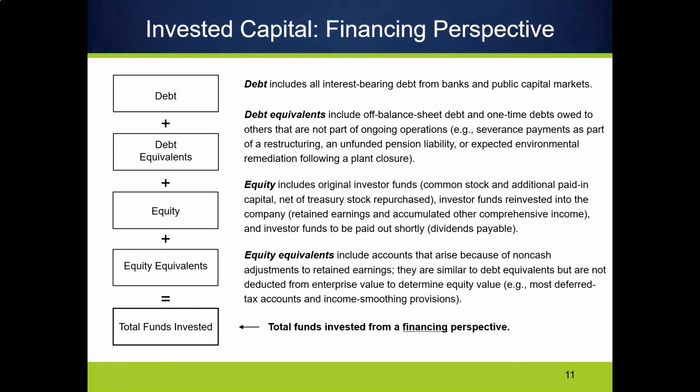Then equity and its equivalence, where equity is all of the sort of original investor funds, so any common stock or any preferred stock that it's sold. The firm has raised money by selling shares to outside investors. That's original investor funds. And then any investor funds that are reinvested into the firm, like retained earnings and accumulated income.